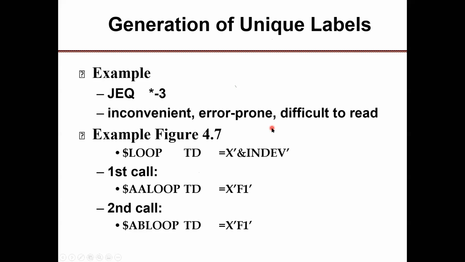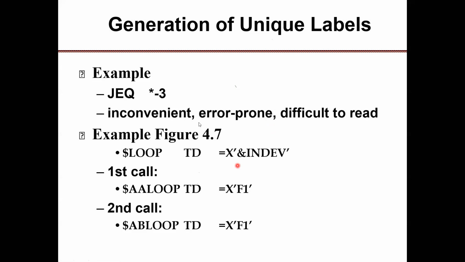Okay, I think I'll do one more slide here and we'll talk about creating unique labels now. So from your textbook, you see this example here in figure 4.7, where we have these kind of situations where we could use something like jump if equal star minus 3, which, as we all know, says current pointer minus 3 going back one word, which is basically this instruction here, right?